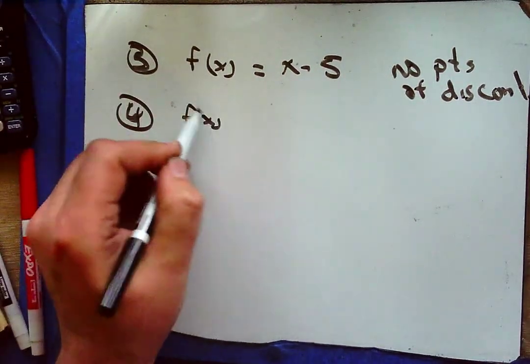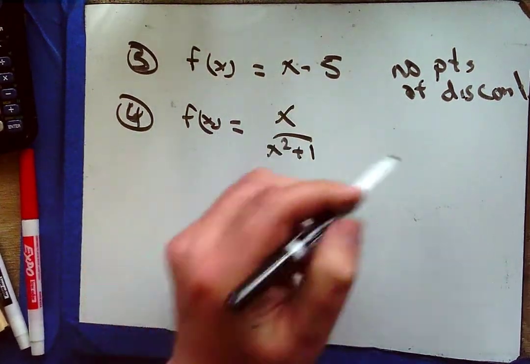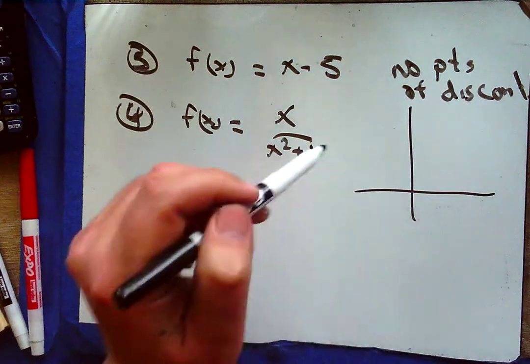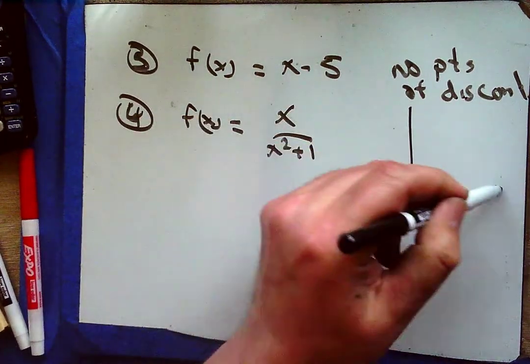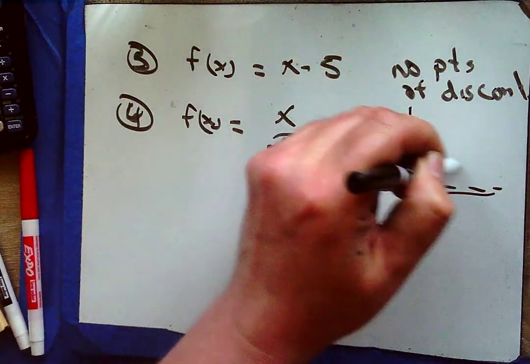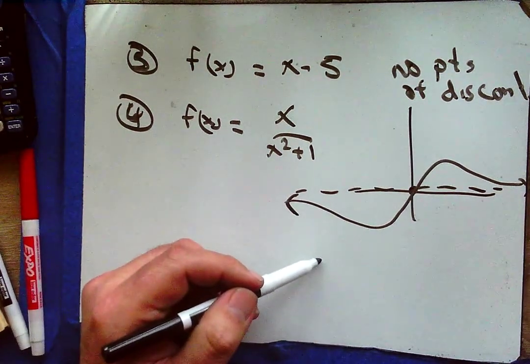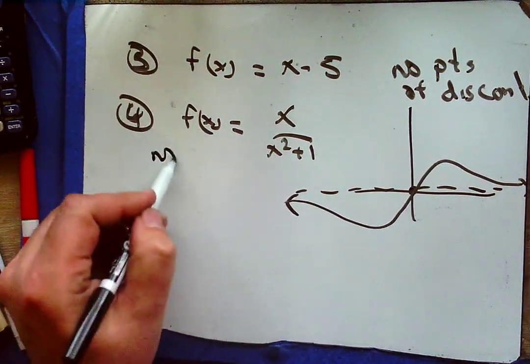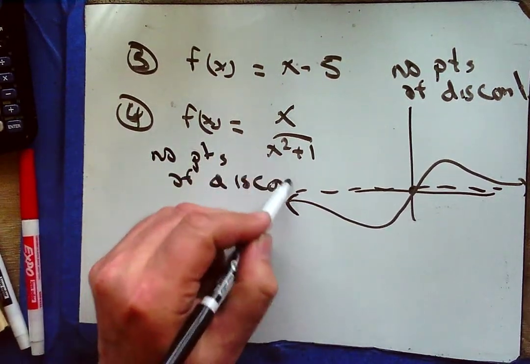F of x equals x over x squared plus 1. That's a rational function. And we remember that it has an x-intercept at 0, it has no vertical asymptotes, it has a horizontal asymptote at 0. And so our graph looks something like that. See any points of discontinuity? No, me neither. No points of discontinuity.